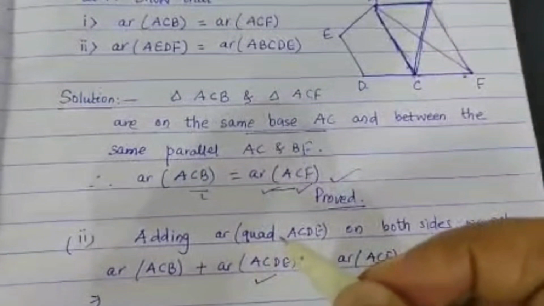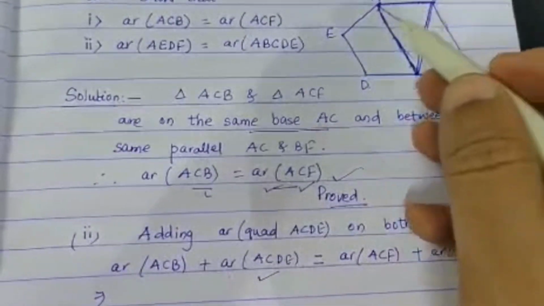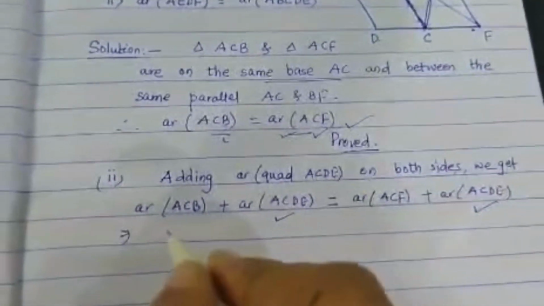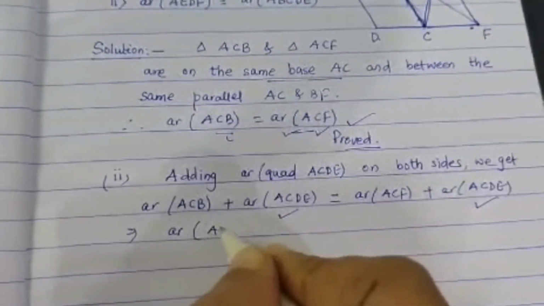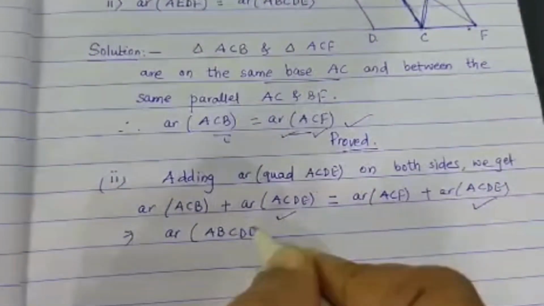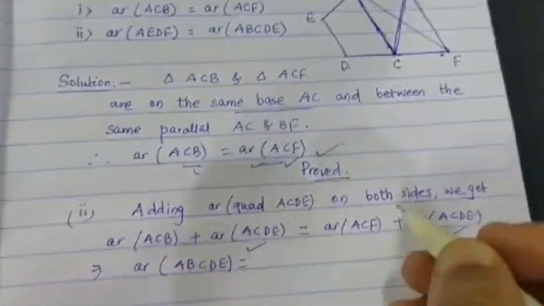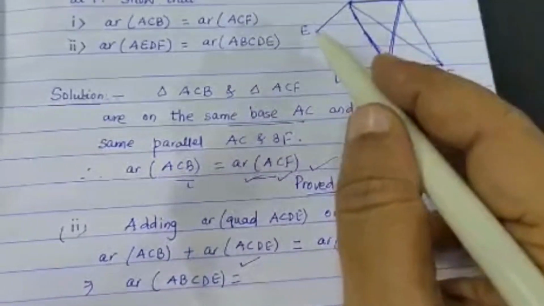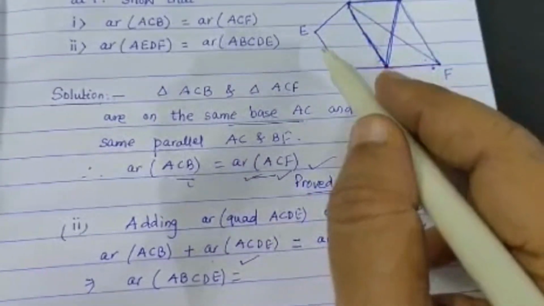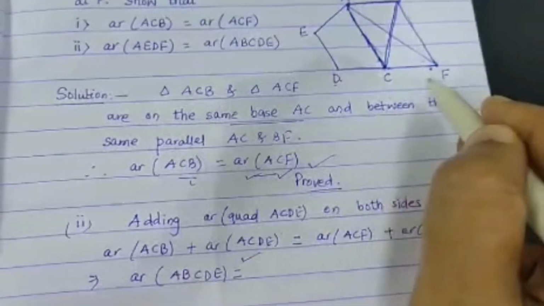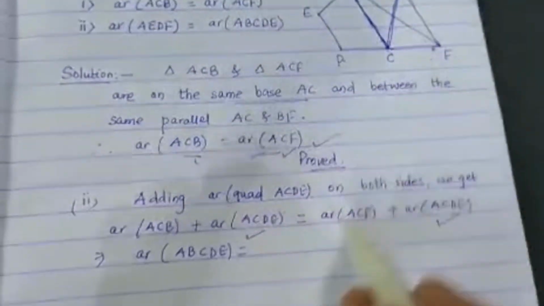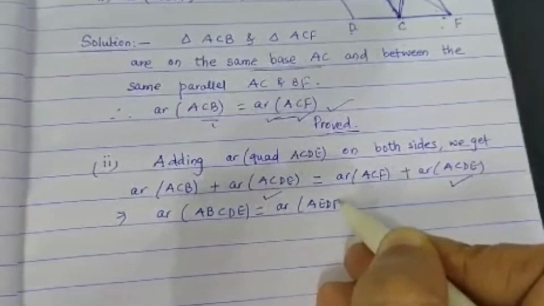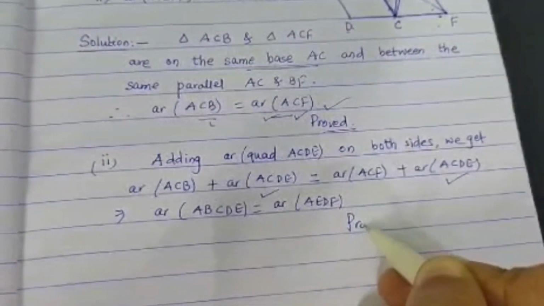This implies, when you see area ACB plus ACDE, that means area ABCDE is equal to ACF plus this one. So ACF plus this one, that means A, E, D and F, this total, that is equal to area AEDF, and this is what we had to prove.